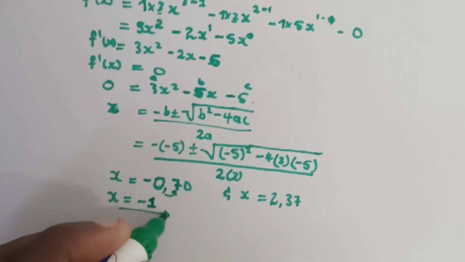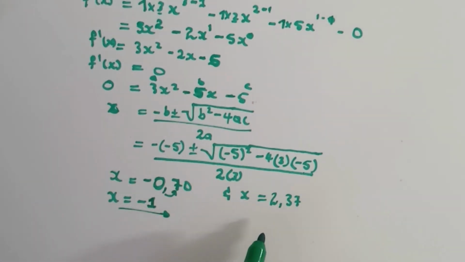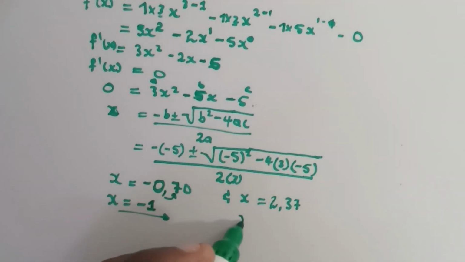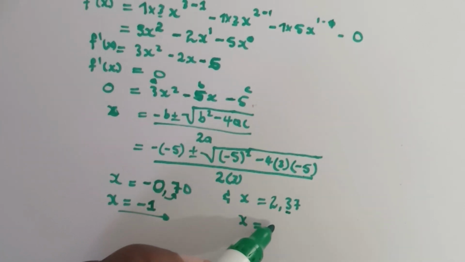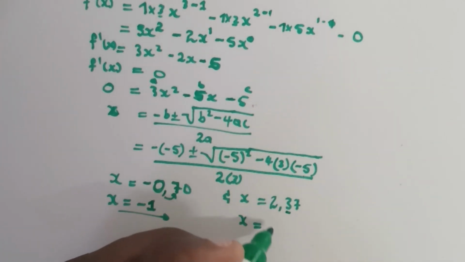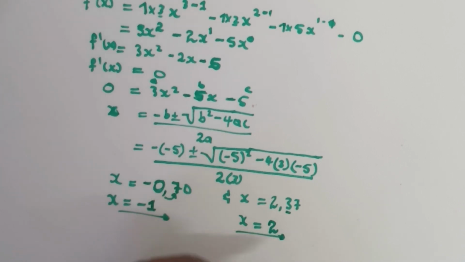And then on this side, 2.37, just because this one is not greater than 5, our x-intercept should be +2 when we round off to the nearest whole number.